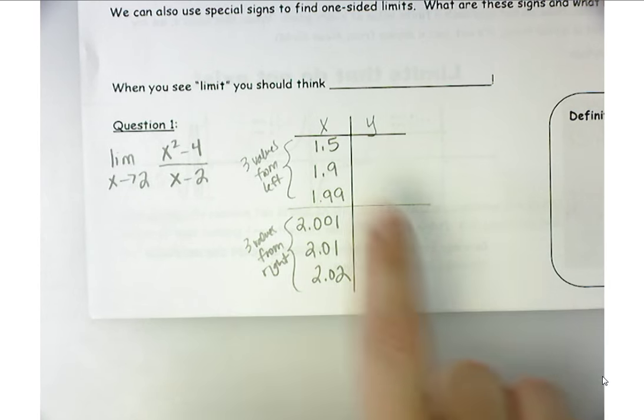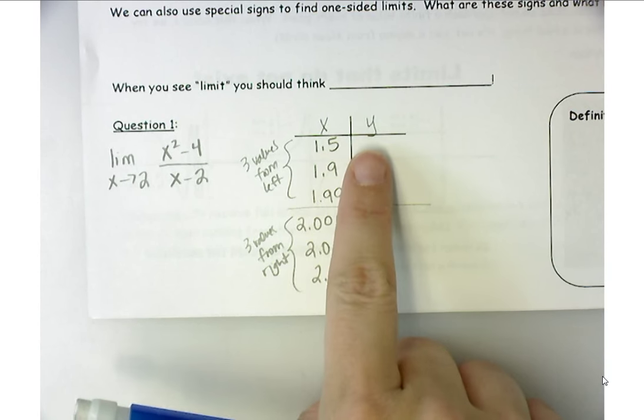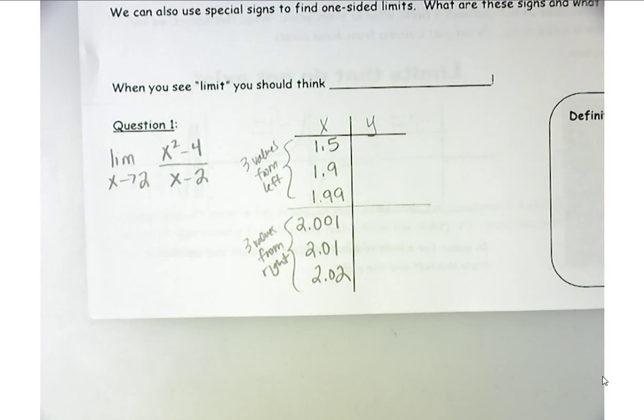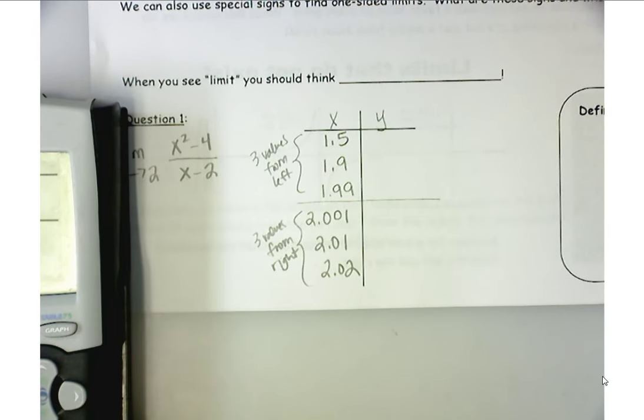Okay, so what I want you to do is use the table on your graphing calculator to figure out what your y values are. So go ahead and do that. Alright, so then we're going to do x squared minus 4 divided by x minus 2.